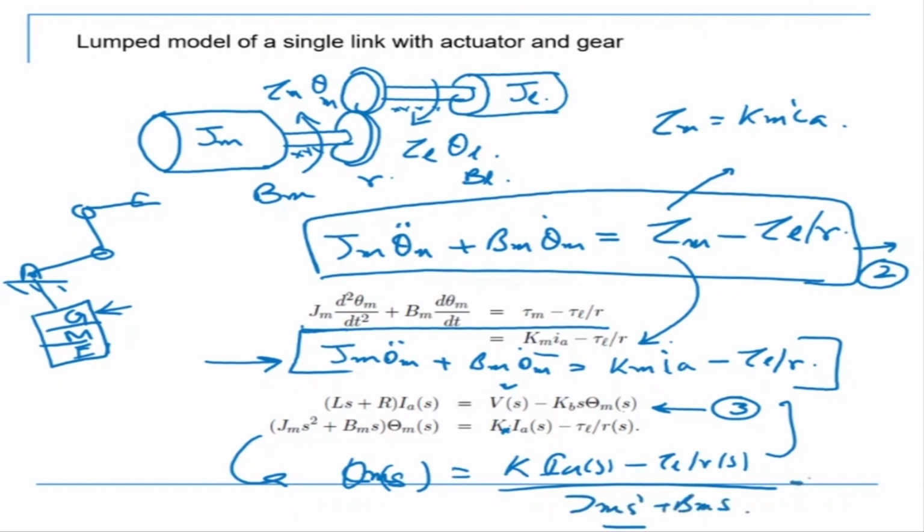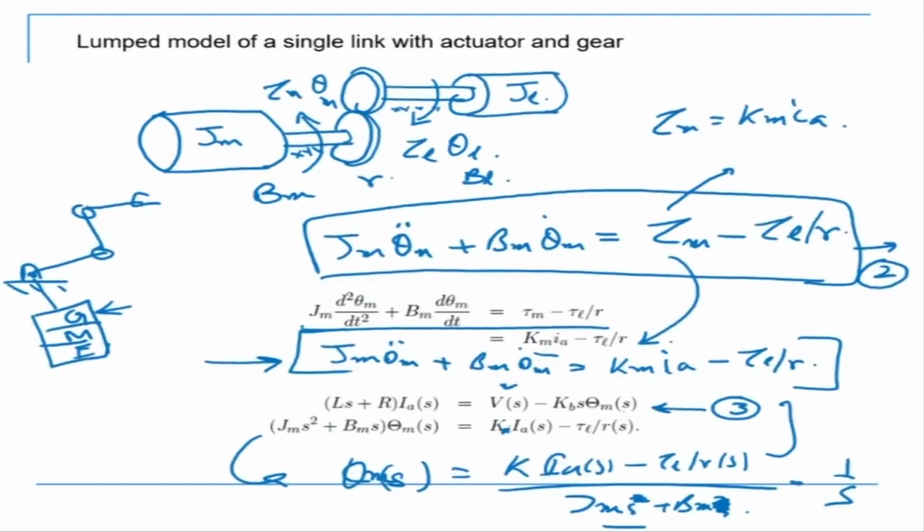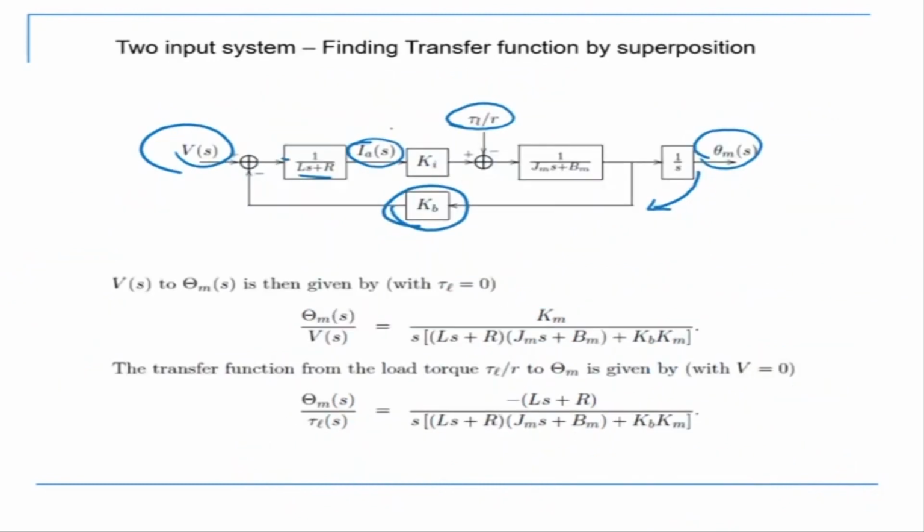I can take one S out and make it 1 by S, so this becomes JMS plus BM, and that is equal to theta ms. So theta ms is equal to K into IAS minus tau L by R, divided by JMS plus BM, and there is a 1 by S there, and this is my theta ms.